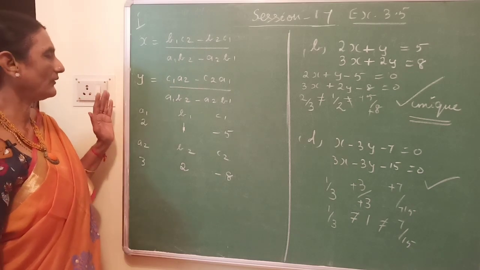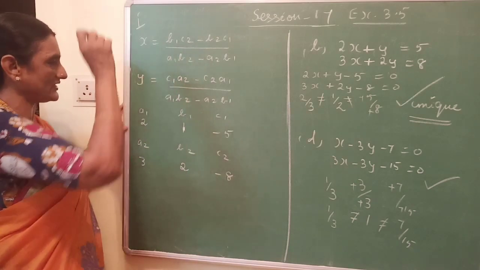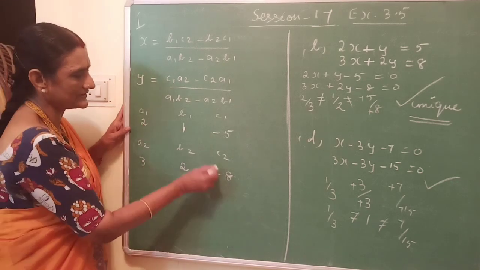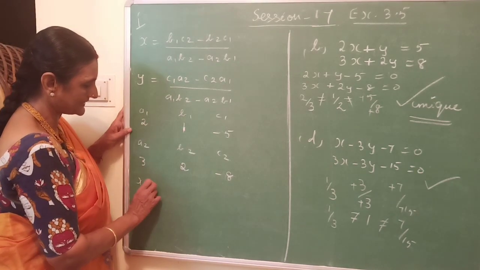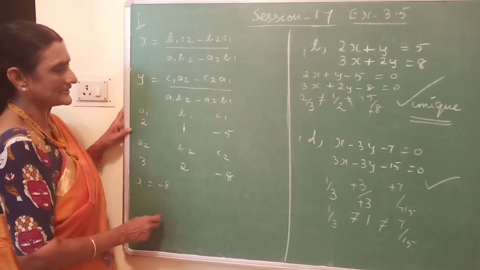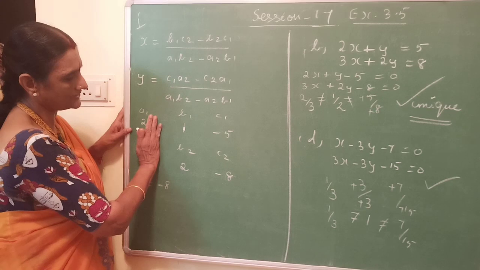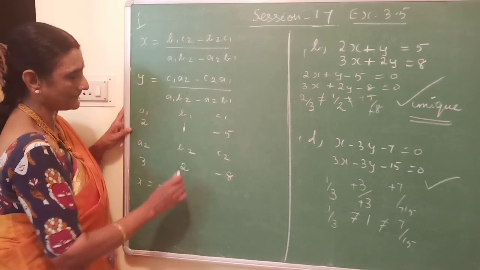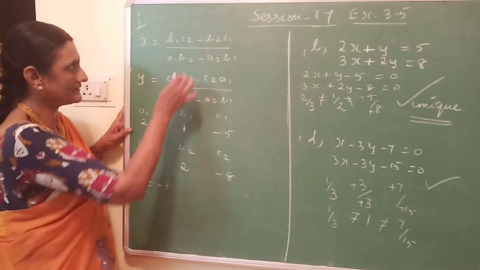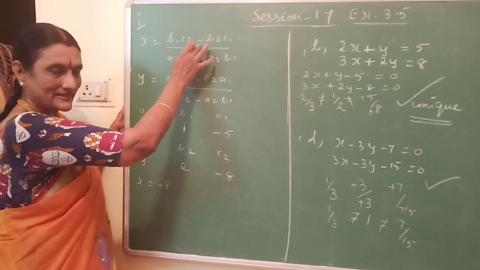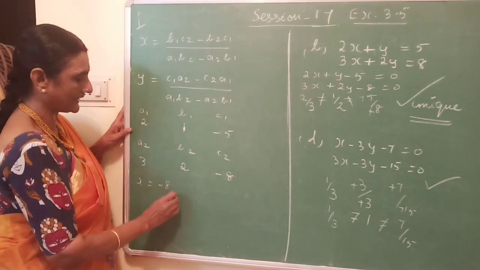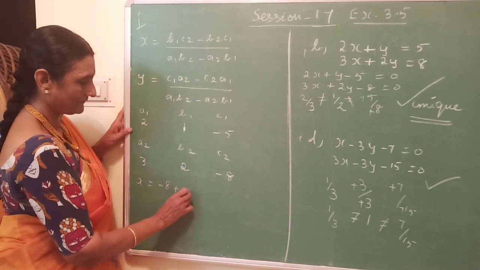Okay, now what is the first? B1, C2. B1 is here, C2 is here. So B1, C2 is minus 8, first term. Then minus B2, C1. So B2 is 2 and C1 is minus 5. 2 into minus 5, you know it is minus 10. And there is one minus sign already here. So minus 10 and with this minus make it positive.